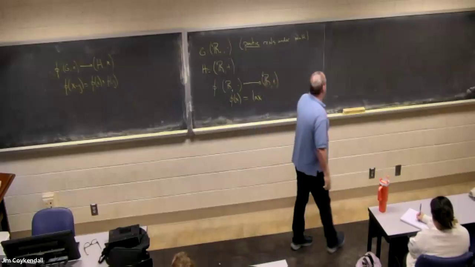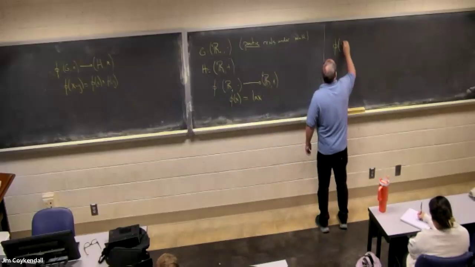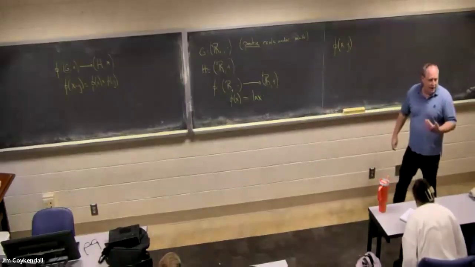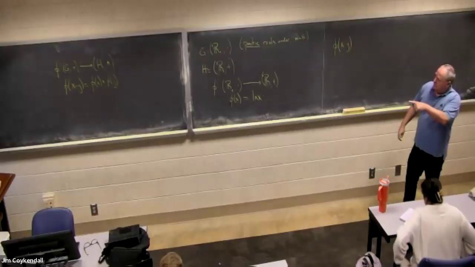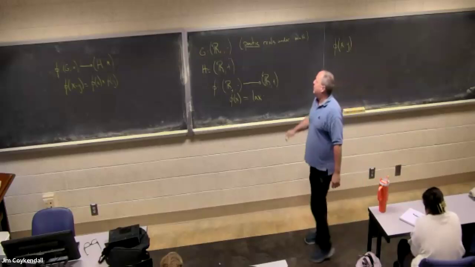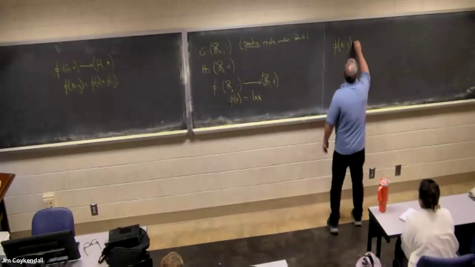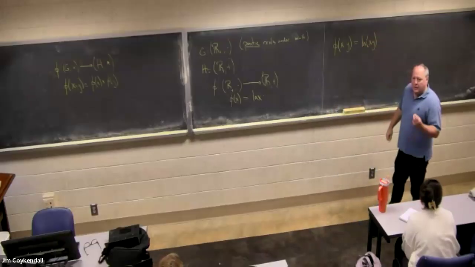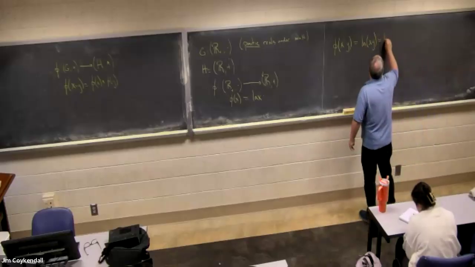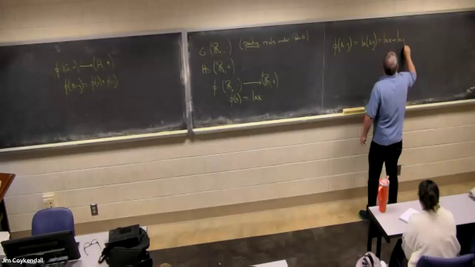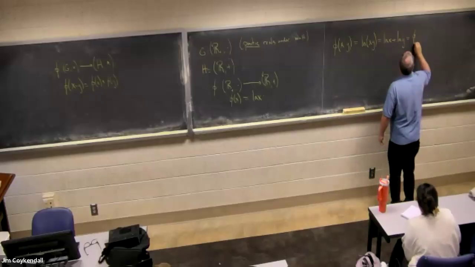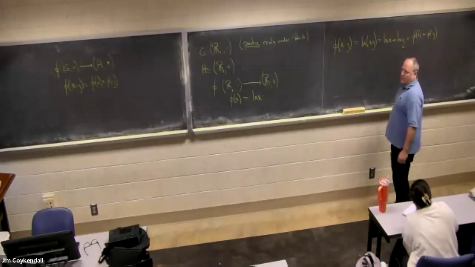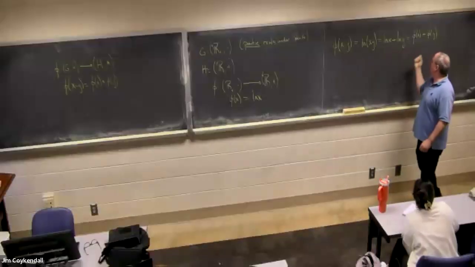Why is this a homomorphism? Well, if we look at phi of x times y, the operation in G is multiplication. That is natural log of xy, which is natural log of x plus the natural log of y, which is phi of x plus phi of y. So here, the operation turns multiplication into addition.